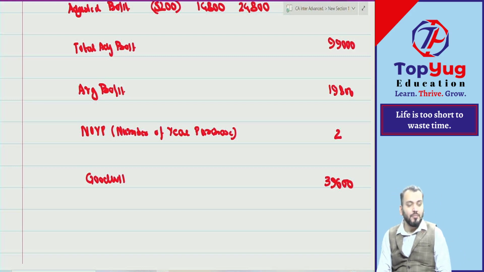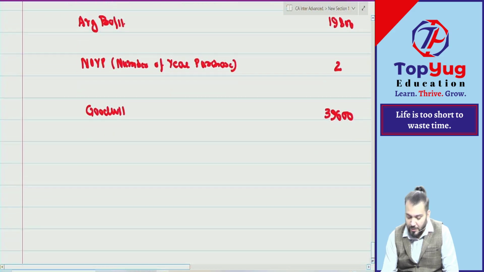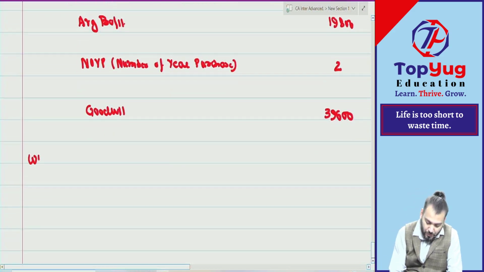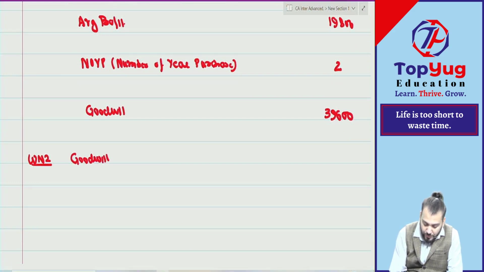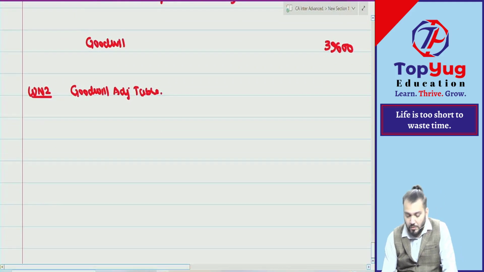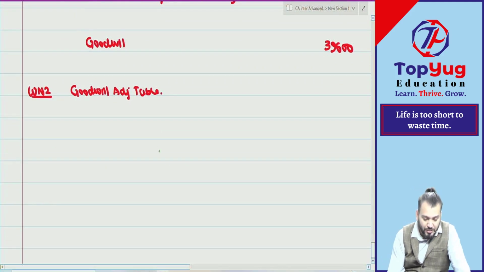Valuation of goodwill done. Now we will do the goodwill adjustment table. Working note number 2. Write down goodwill adjustment table. Which are the partners?